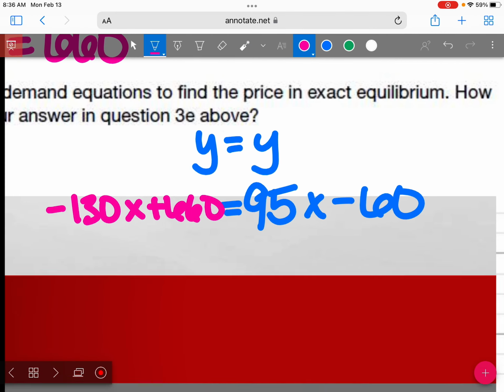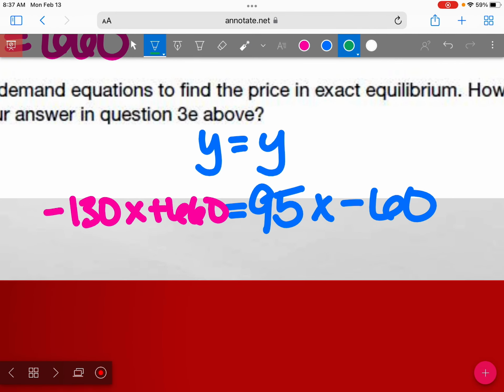Solve the system of equations. So what do we do first? Do you want to combine your x terms? Do you want to combine your constants? 95x on both sides, okay. So what do we get on our left side?